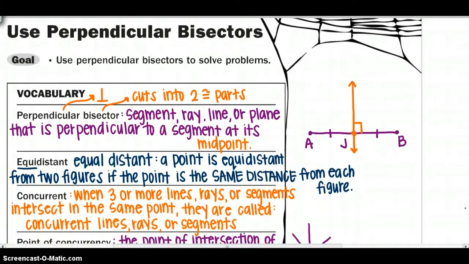Next word is concurrent. When three or more lines, rays, or segments intersect at the same point, they are called concurrent lines, rays, or segments.